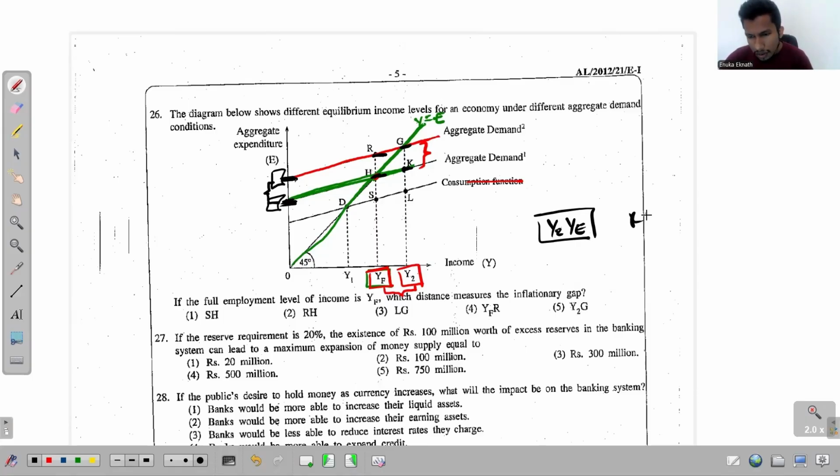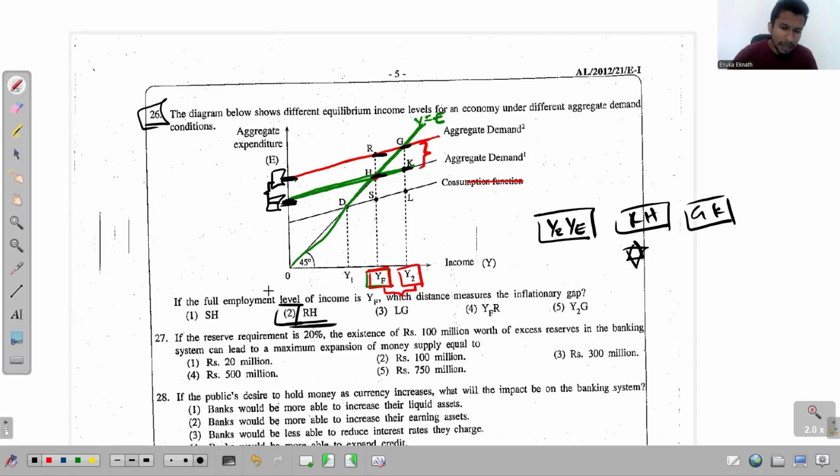If not, R to H is the inflationary gap. If not, even G to K represents the same inflationary gap. So one of these you will find here in the provided answers. So yeah, you have it here, the second one, right? This is given to us in the answer. So for the question number 26, second one is the answer.